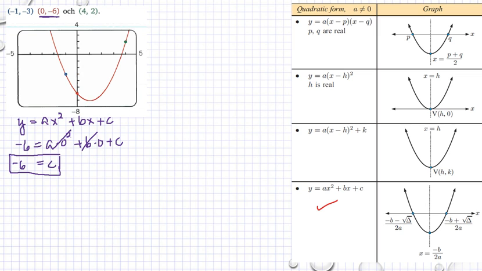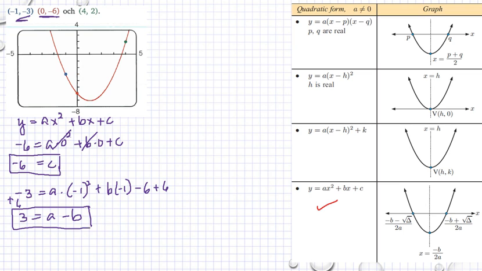And then the second point that we're going to use is (-1, -3). That means -3 is equal to a times (-1) squared plus b times -1 minus 6. If we add 6 to both sides of the equation, then we have 3 is equal to a minus b. Okay, that's another equation that we can use later.